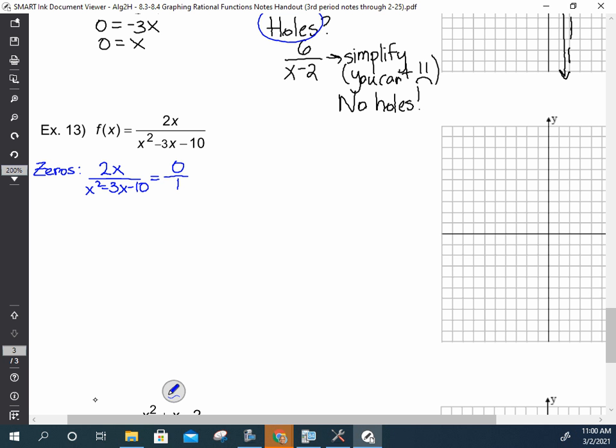So when you cross multiply, 2x times 1 is 2x. 0 times x squared minus 3x minus 10, 0. Anything times 0, 0. So you get x equals 0.